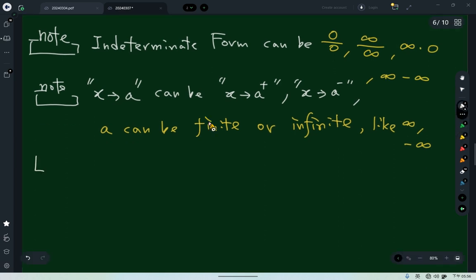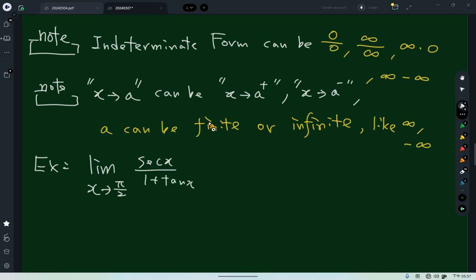So I also give you an example: if I ask you to calculate the limit as x approaches 1/2 pi of secant x over 1 plus tangent x, right? Did you remember, this is a two-sided limit, so we can just separate it into two parts.